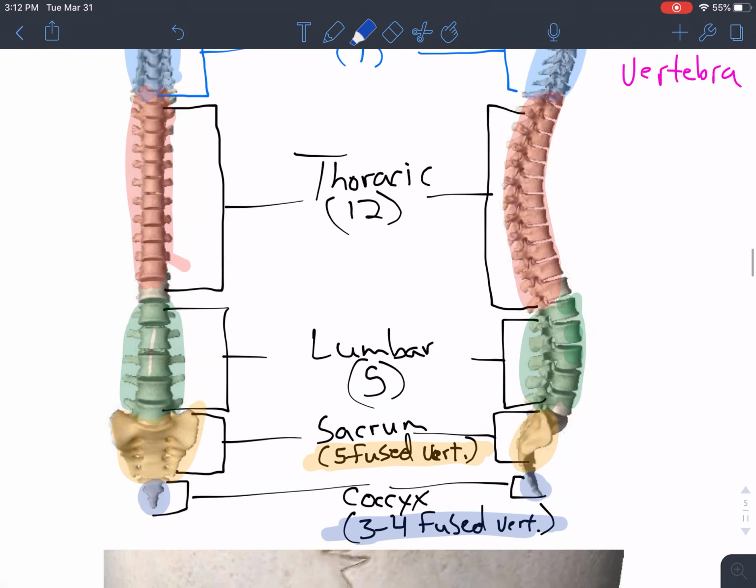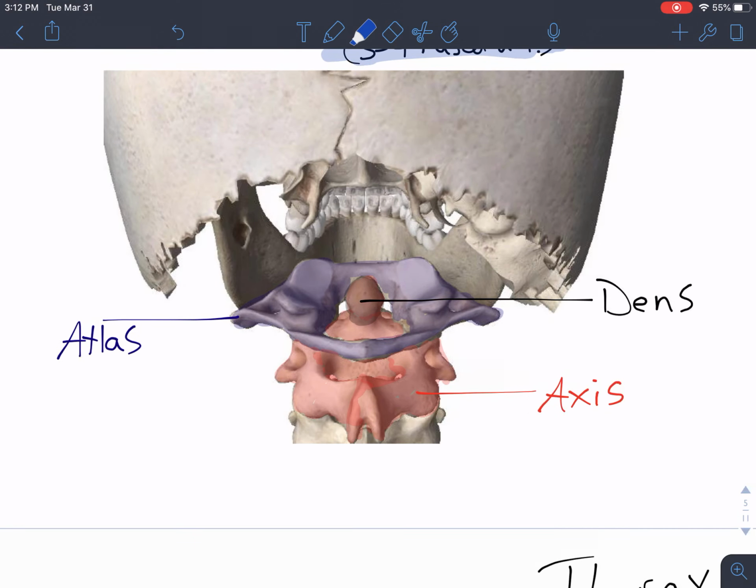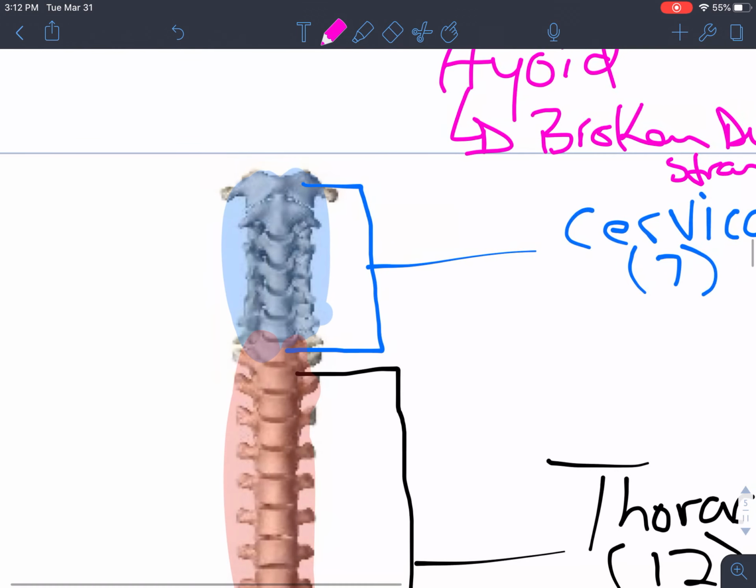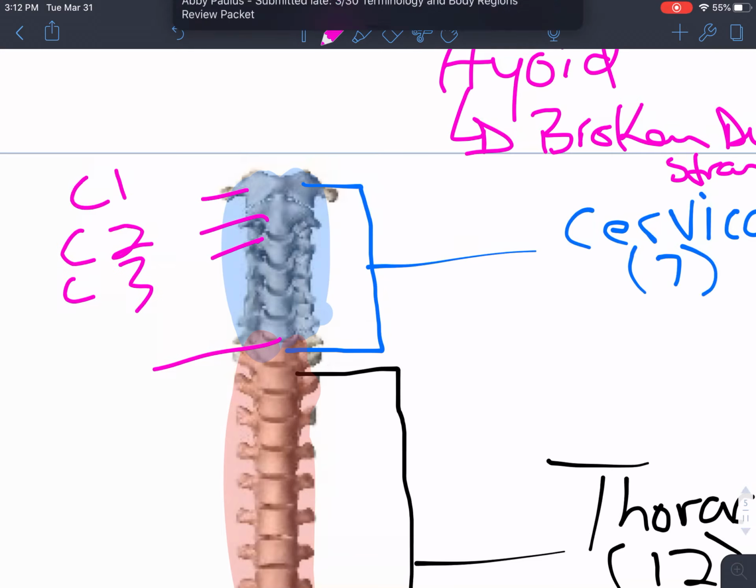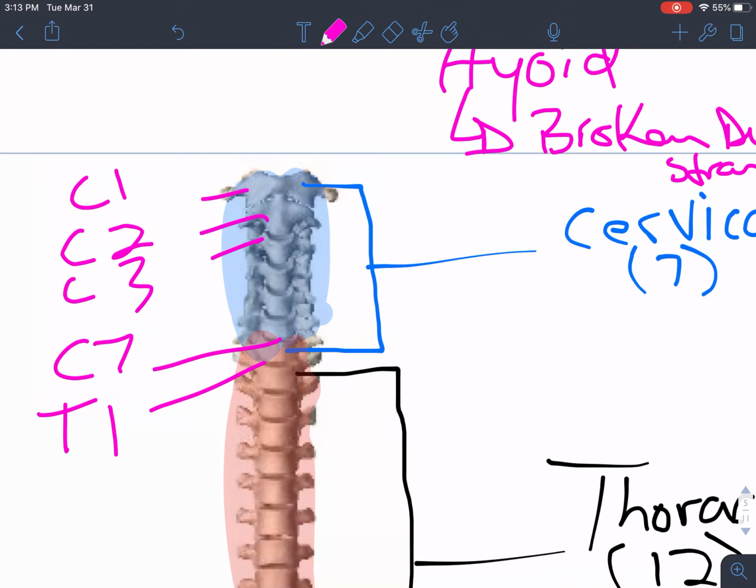Okay, something that is new is right here. This guy right here is your C1, your cervical. Every vertebra has a number, right? So this is C1, C2, C3, all the way to C7. And then after C7, there's T1 and so on.